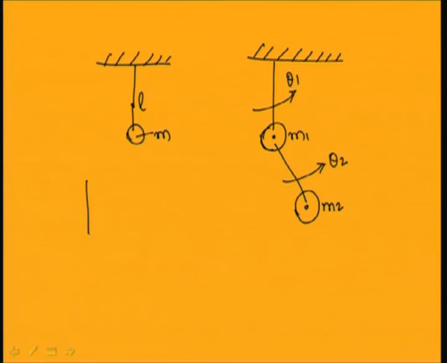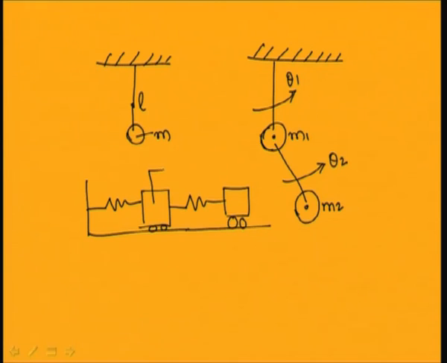Or you can take another simple spring mass system. This is one mass and this is the other mass, connected by springs. If you want to express the motion of these 2 masses, the minimum coordinates required are the motion of this mass, x1, which is m1, and the motion of this mass, x2, which is m2.